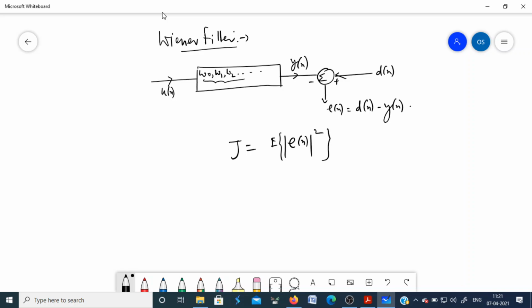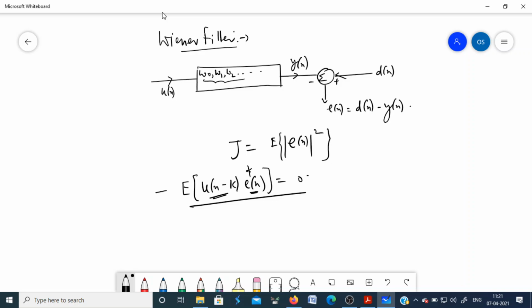From that we have got an important conclusion, which is the principle of orthogonality, and which states that E of u(n minus k) into e*(n) is 0. It means for this Wiener filter to operate in the optimum condition, or to find the minimum value of the mean square error, the input sequence and this estimation error must be orthogonal to each other.